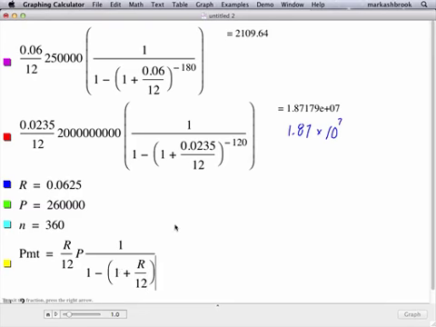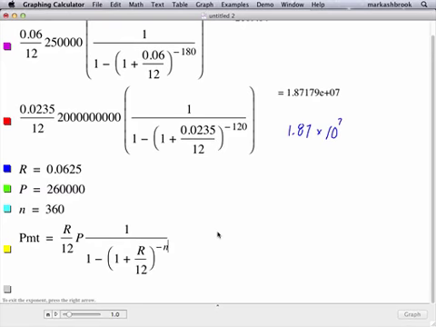Remember, if the exponent's not a 2 or a 3, you need the caret, so that's shift 6. So now we've just defined this single value payment as a formula involving R, P, and N.